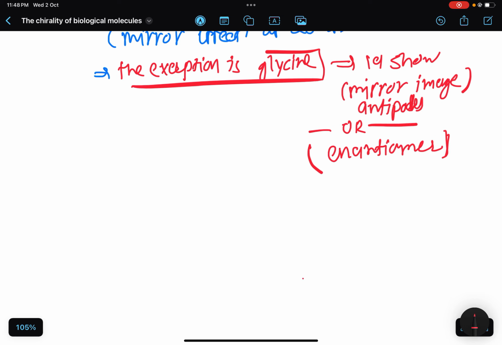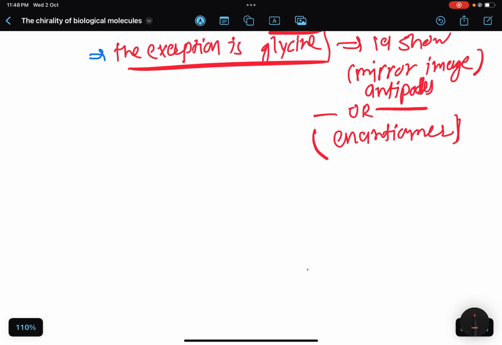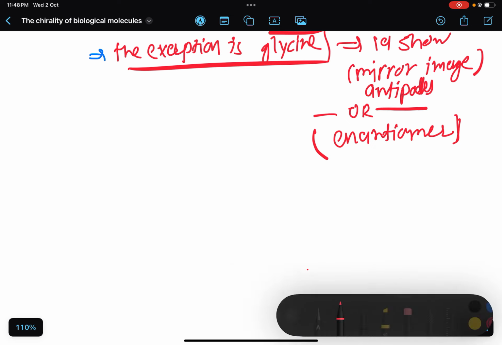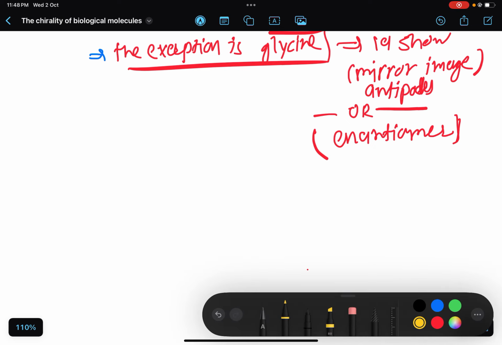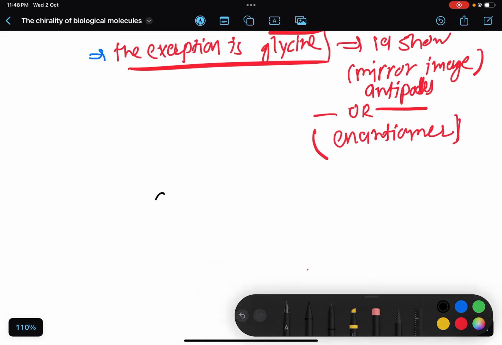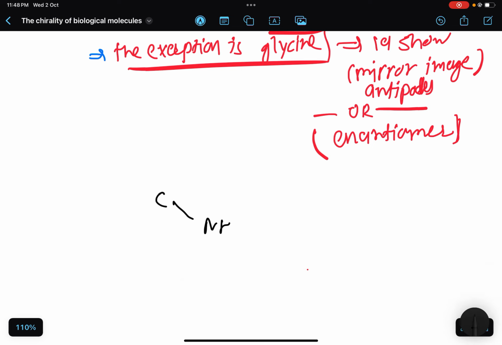Let's explain with alanine. Alanine has mirror images: carbon, amino group, H, and COO minus.